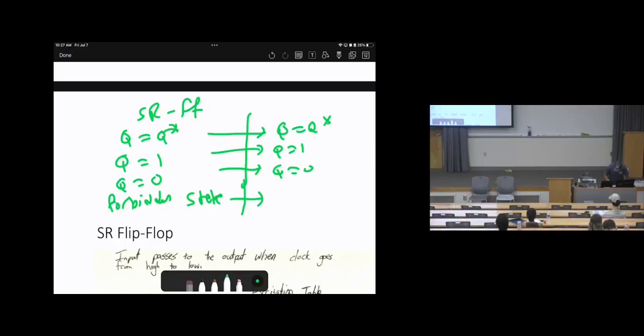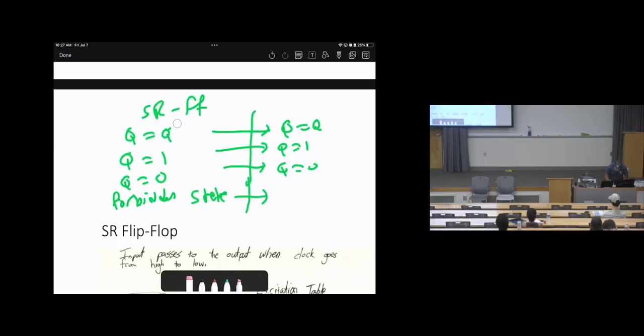So we can say, let's replace that Q star by Q bar, or replace the forbidden state to be Q bar. In that scenario here, S equals 0, R equals 0. Here is S equal 1, R equals 0.